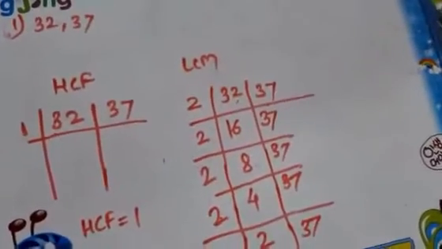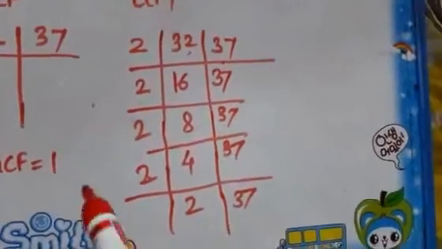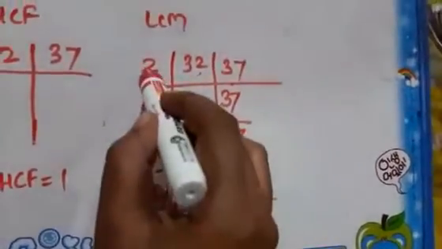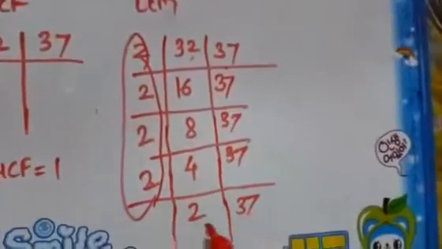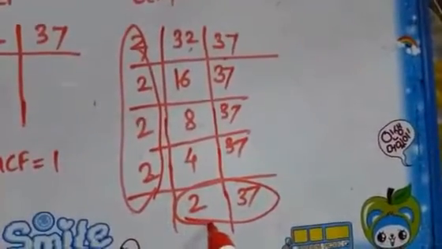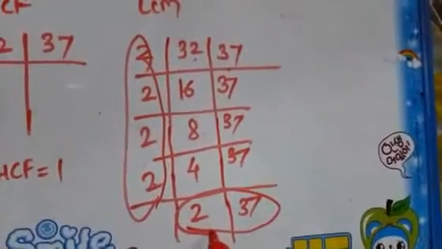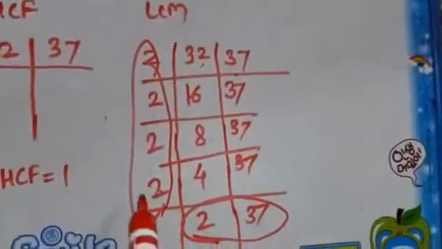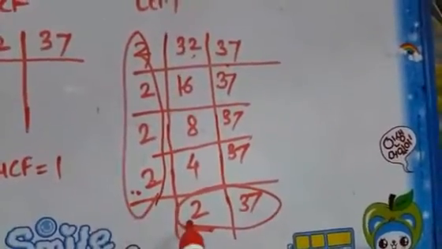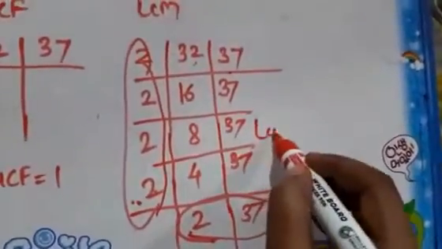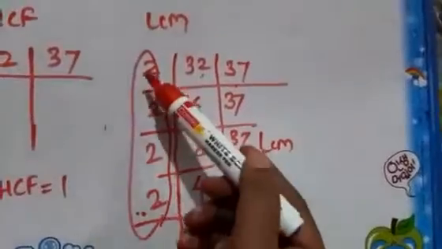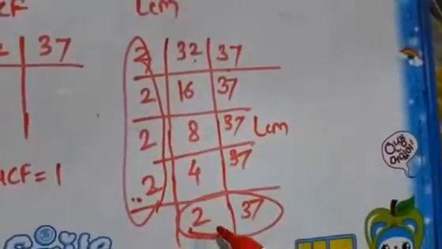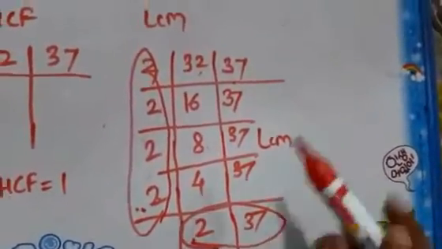So now these are the common numbers and these are the last prime numbers up to which we have factorized. Now the multiplication of this and this will be the LCM. So LCM is equal to 2 repeated 5 times and 37.